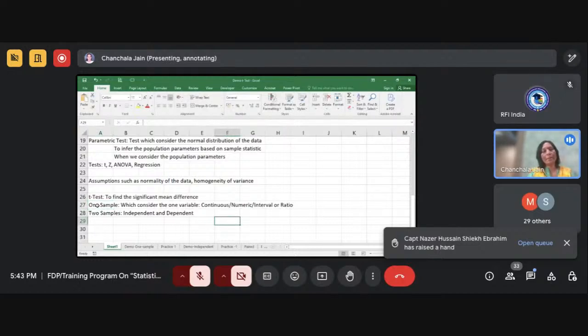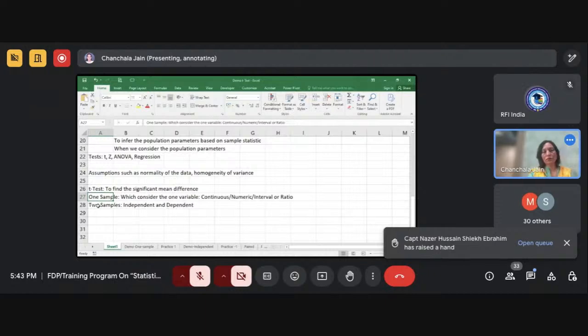So for the one sample t-test, we need to have only one variable available with us, and this variable should be continuous or numeric, or you can say your variable should be measured on interval or ratio scale, right?